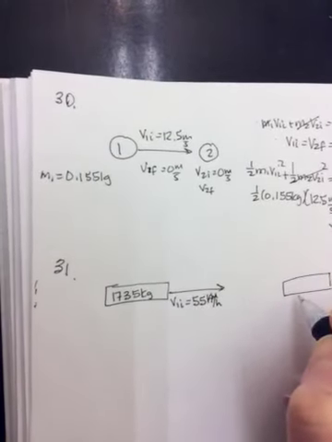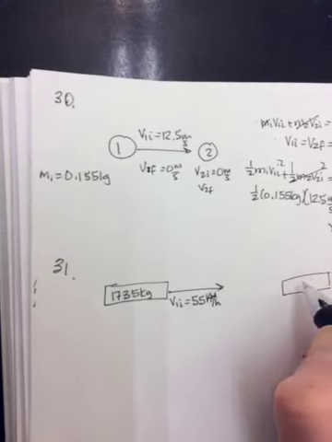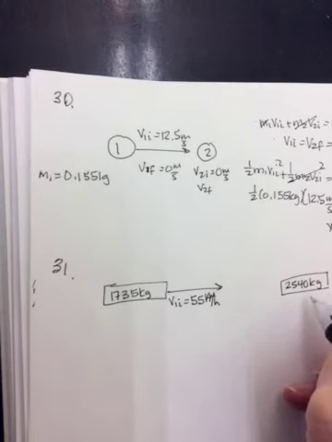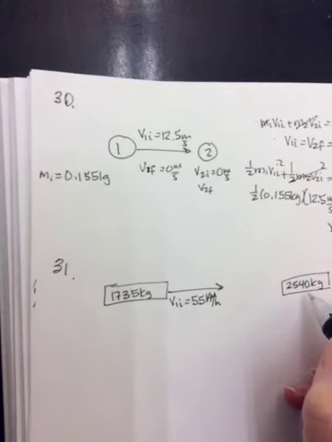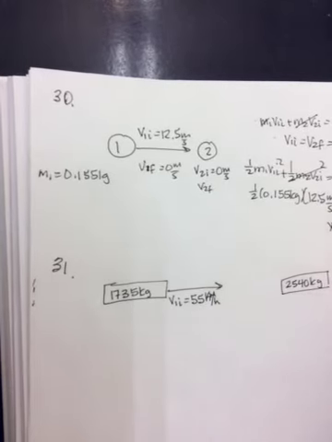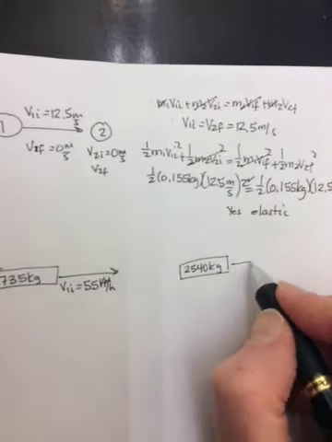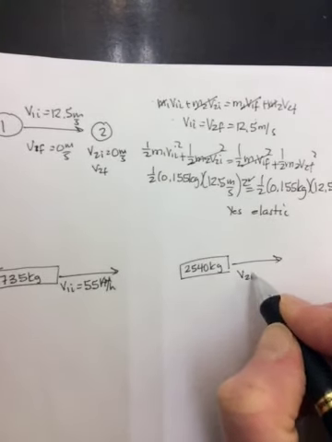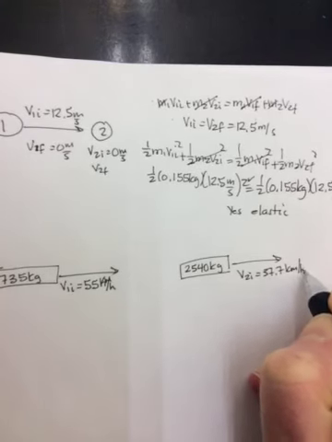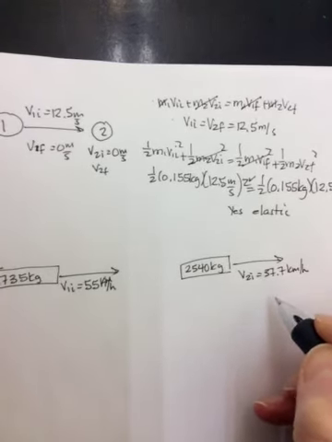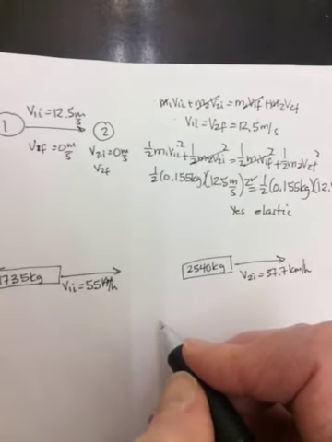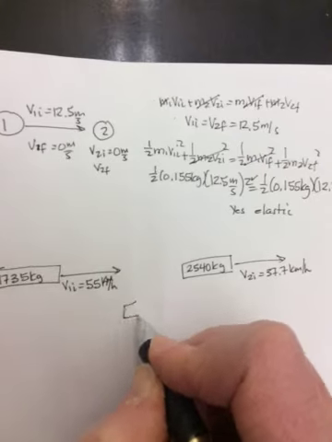And the second one, car B, has mass 2540 kilograms and is also traveling north, V2 initial 37.7 kilometers per hour. It says if the cars stick together after the collision and continue in a straight line, what is their combined momentum? And then was it elastic?